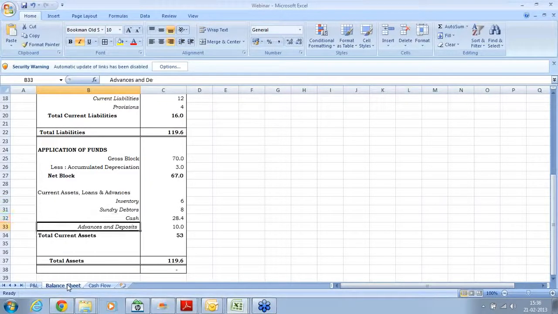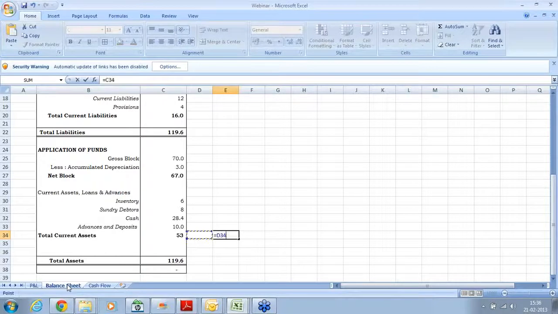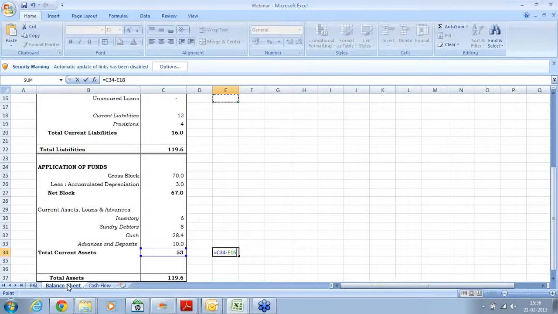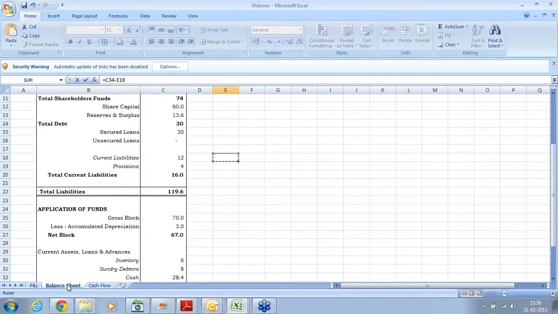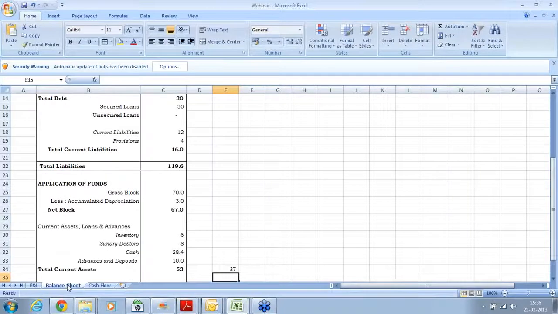It is total current assets minus current liabilities. That means this 37 rupees you will have to manage, because out of this 53 you will have current liabilities which you have to pay your suppliers, and you're left with about 37 rupees which you will have to get financed. This has to be financed, remember that, because this 37 is locked in.